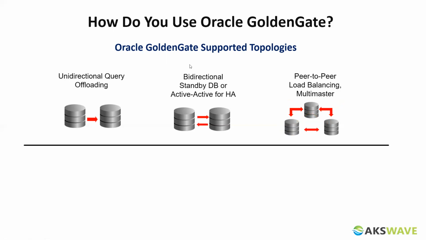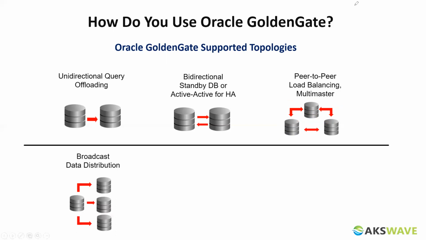Apart from this, we have other architectures also. Architectures or topologies, we can even say. What are those? This is like a broadcasting architecture. Whatever changes are happening on this database are broadcasted to database A, database B, database C, multiple databases.